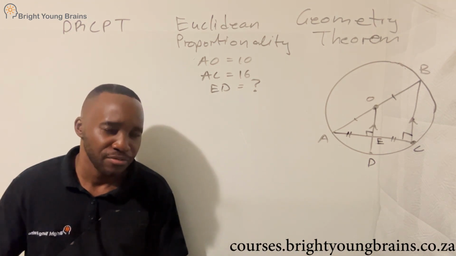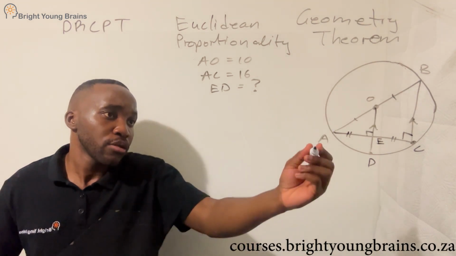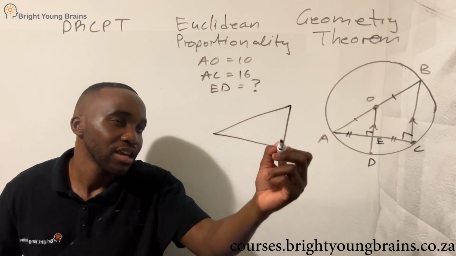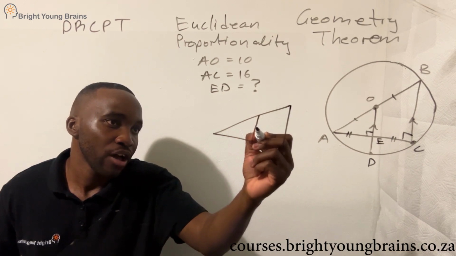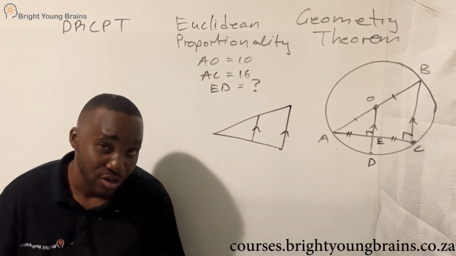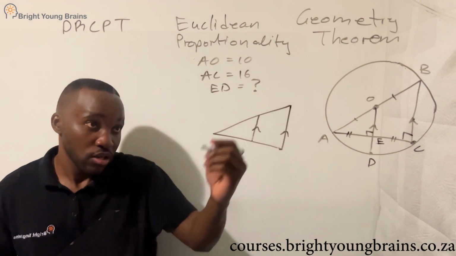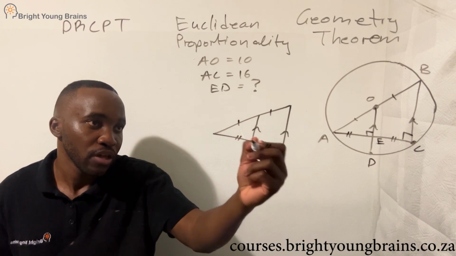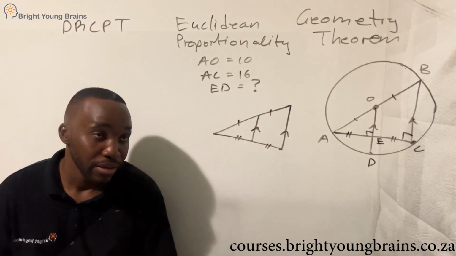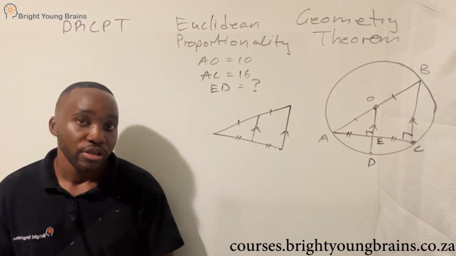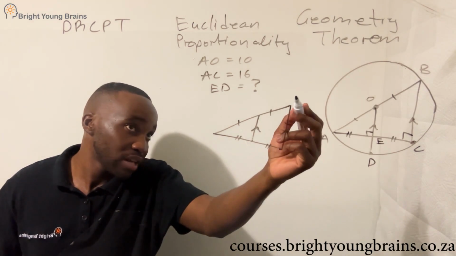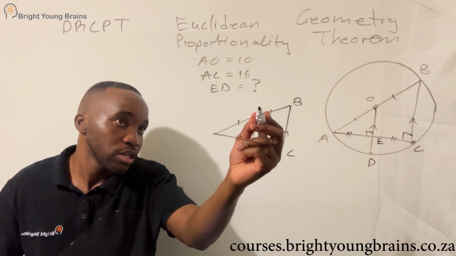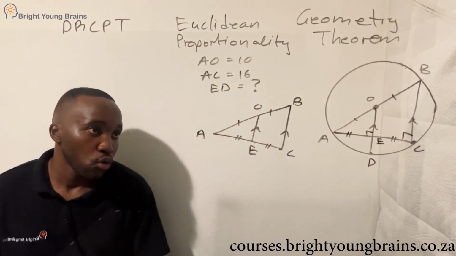Now I feel like we're on a roll here, so I might as well mention one other thing, which is the midpoint theorem. The midpoint theorem basically states that if you have a triangle, and the line inside that triangle is parallel to the third side of the triangle, and this line cuts this in half and cuts this in half also, then whatever this line is, BC, BC is going to be double whatever OE is.